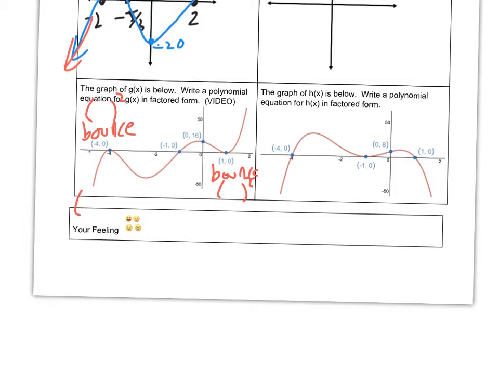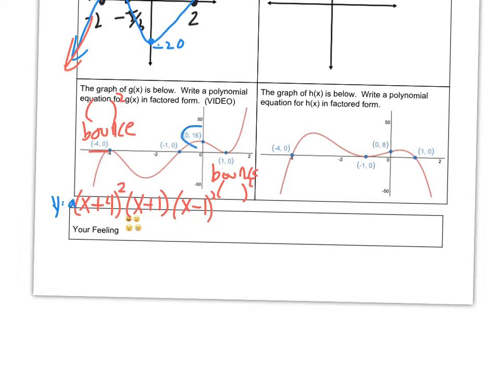So for x equals negative 4, that's going to be x plus 4. We do the opposite. And that's a bounce, so we're going to make it squared. At x equals negative 1, that's going to be the opposite, so x plus 1. And at x equals 1, it's going to be x minus 1, and that's a bounce also. So that's squared. The last thing we need to do is figure out what number is out front.